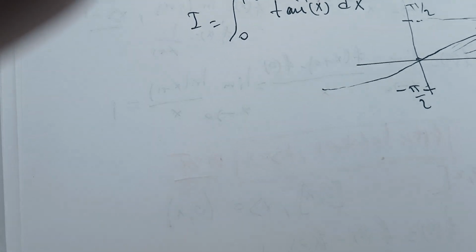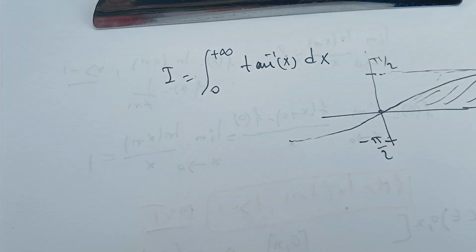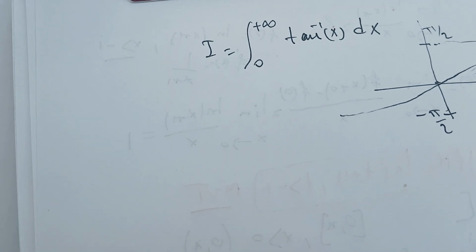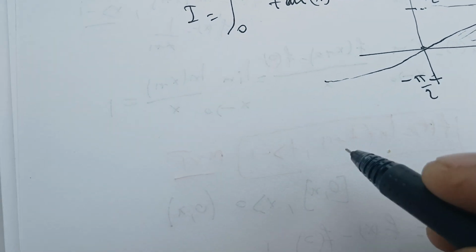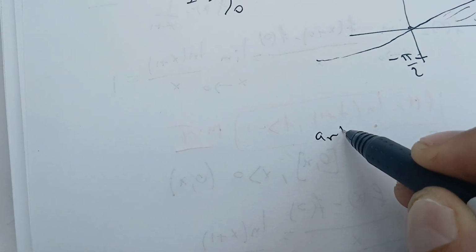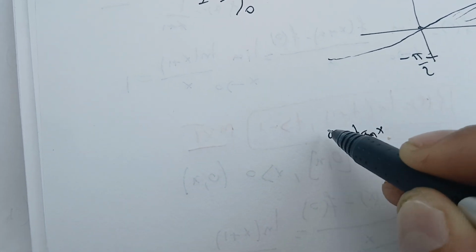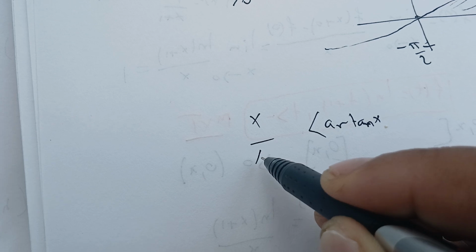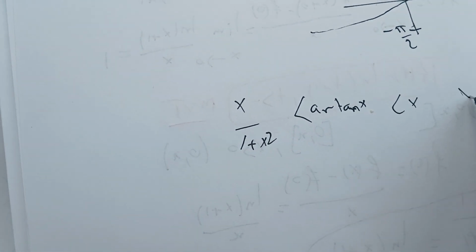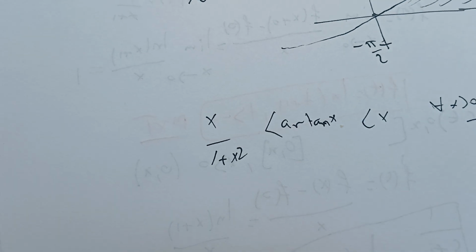Okay, another way to do this is by using the comparison theorem. So we have proved in one of the videos that the arctangent of x is between x over 1 plus x squared and x for all positive numbers x.